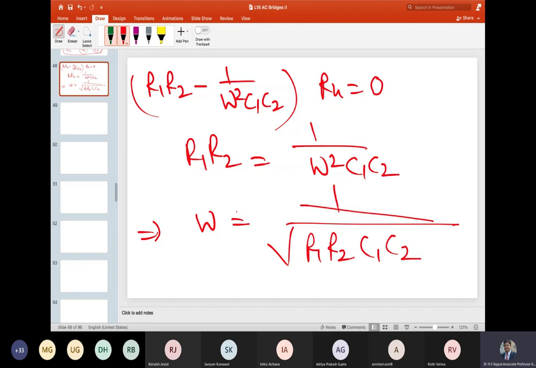So now you see in one part where C2 was unknown, that was all right, we can measure it if we know the frequency of operation, right?